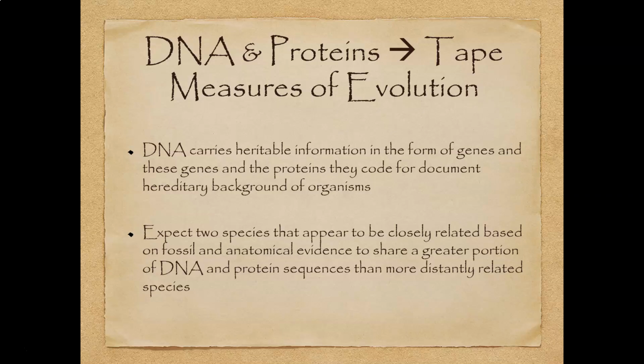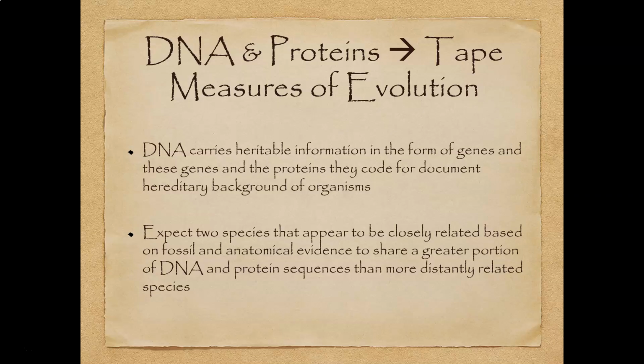So if I look at a hemoglobin protein in a human and compare that same protein to a mouse, a gorilla, a chicken, right? If we all carry the same hemoglobin protein, we should be able to use the number of differences that exist in that protein, and as a result the differences in the gene that produces it, to piece together how long it's been since we diverged.